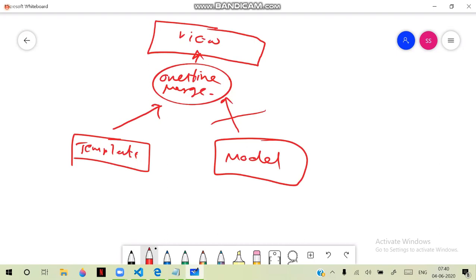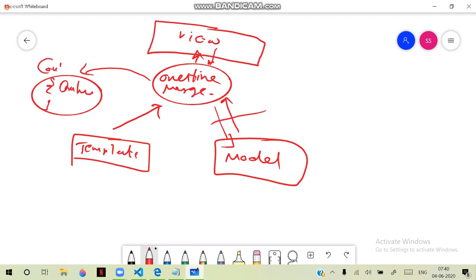Due to that, if there is any change in the view, it is not going to update in the model. So we need to collect and identify the changes by using separate controller logic. Then those changes need to be updated to the model.